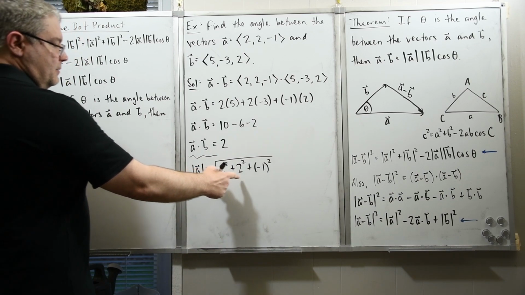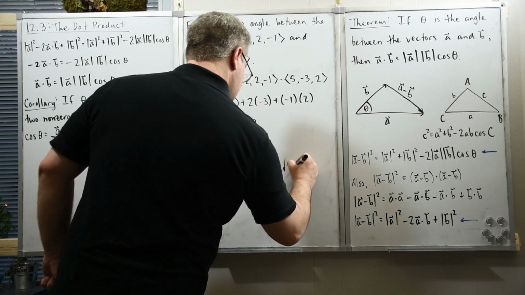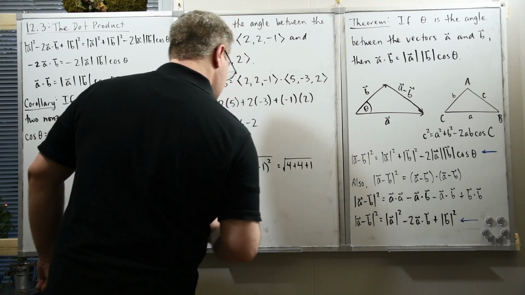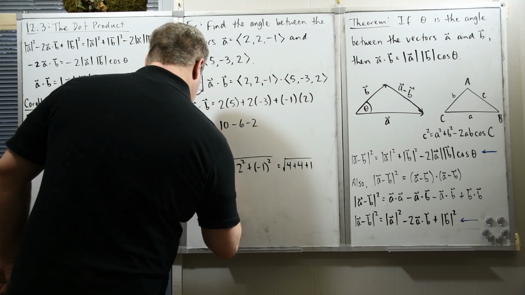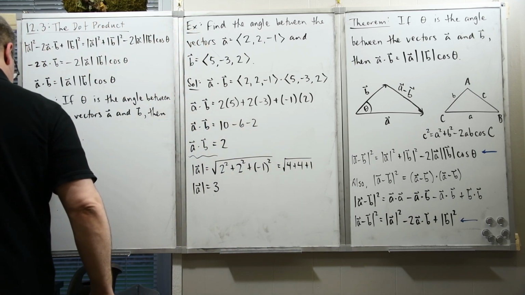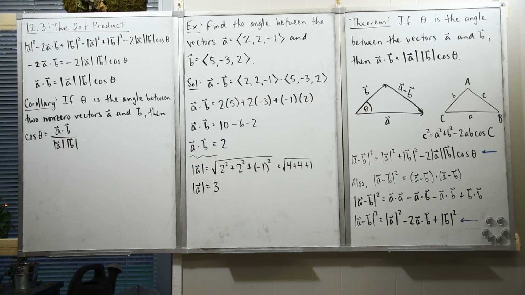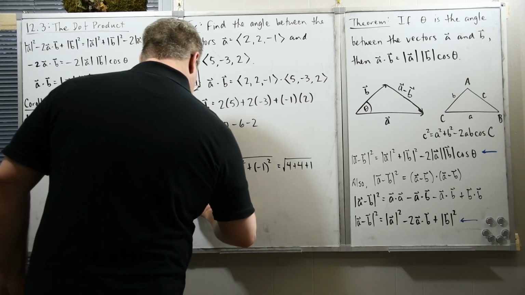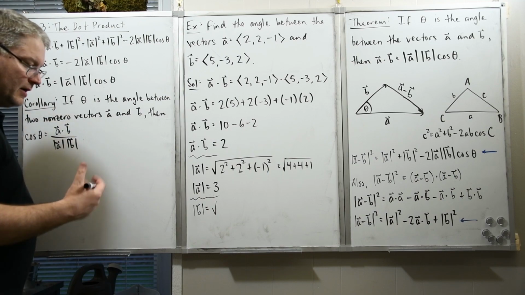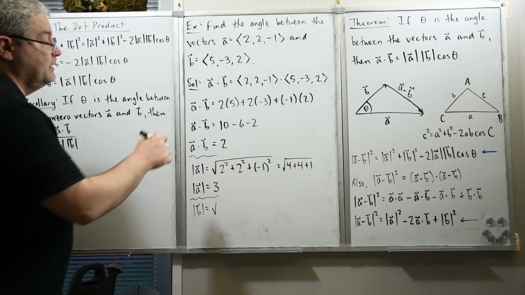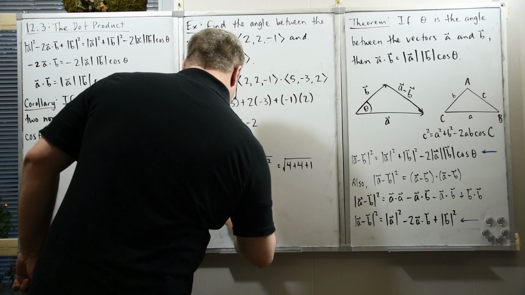So that's the square root of 4 plus 4 plus 1, and that's the square root of 9, or 3. So magnitude of a is 3. Magnitude of b also needs to be figured out. But again, this is the square root of the sum of the squares of the components, and 5, negative 3, and 2 are the components of b.